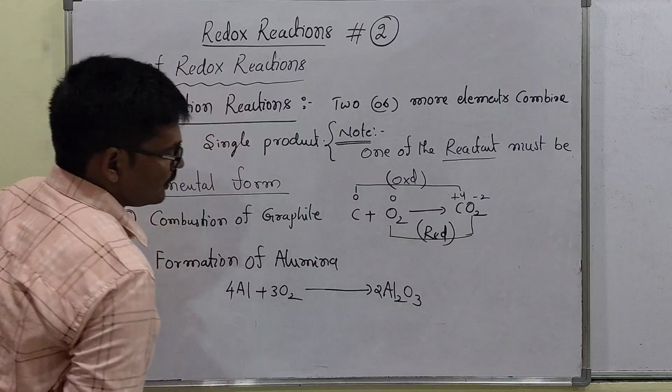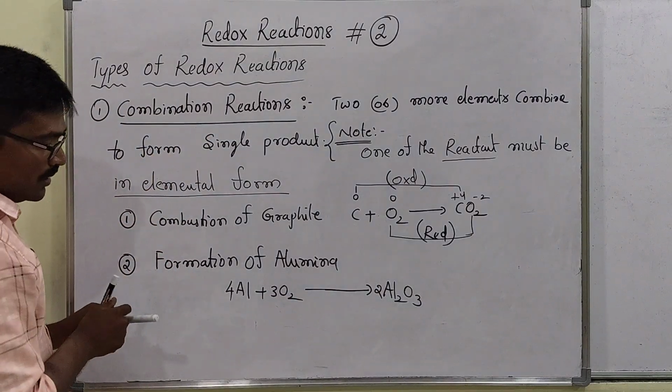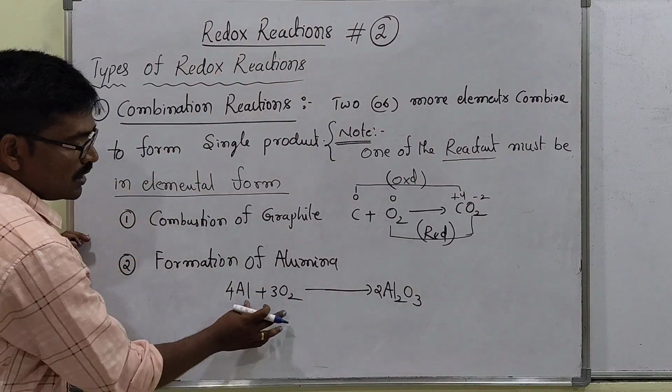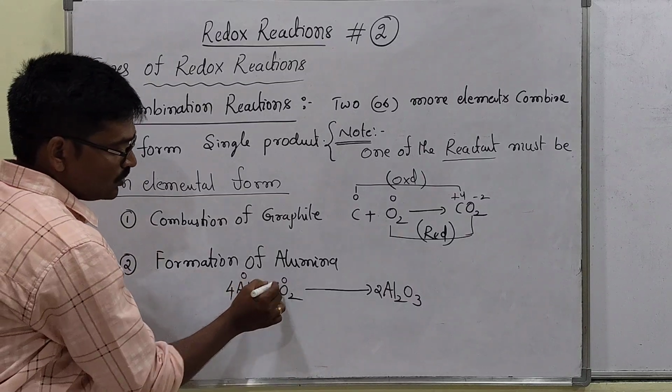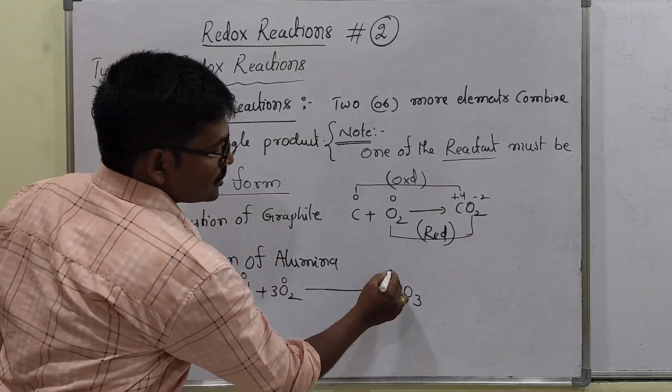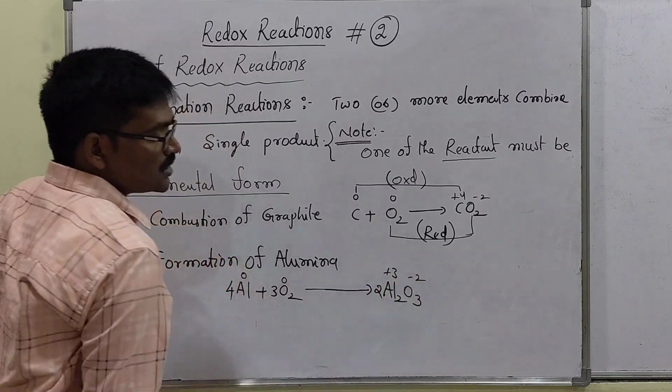In the formation of alumina, aluminium and oxygen are both present in the elemental form. Their oxidation states are 0. Then in the product, aluminium has +3 oxidation state, oxygen -2 oxidation state.